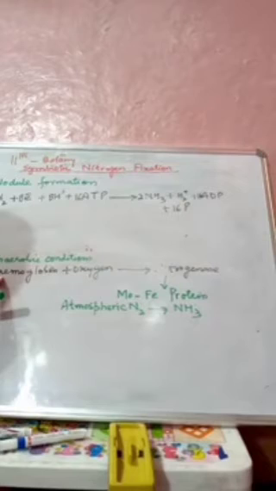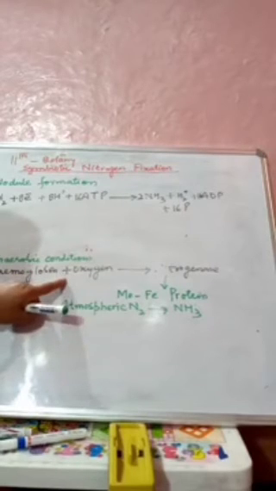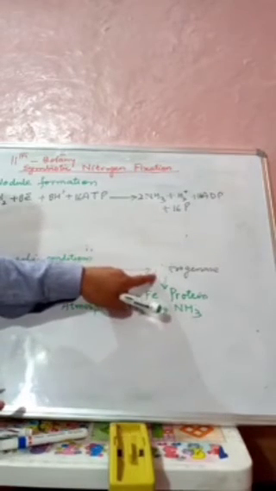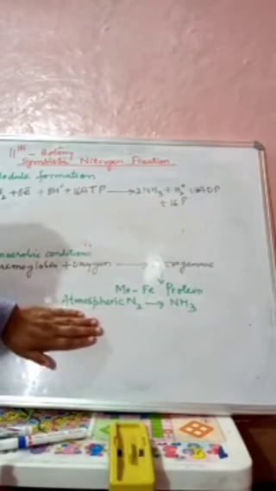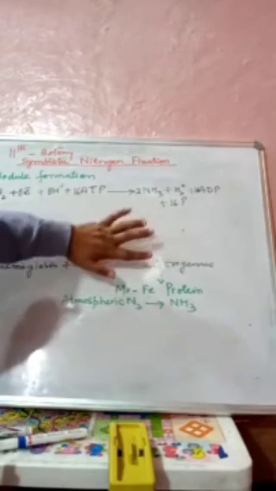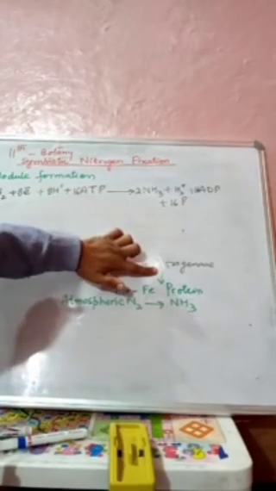So leghemoglobin combines with oxygen to form the enzyme nitrogenase, and this nitrogenase enzyme functions anaerobically, and this helps us in converting atmospheric nitrogen into ammonia. What basically is this nitrogenase enzyme?